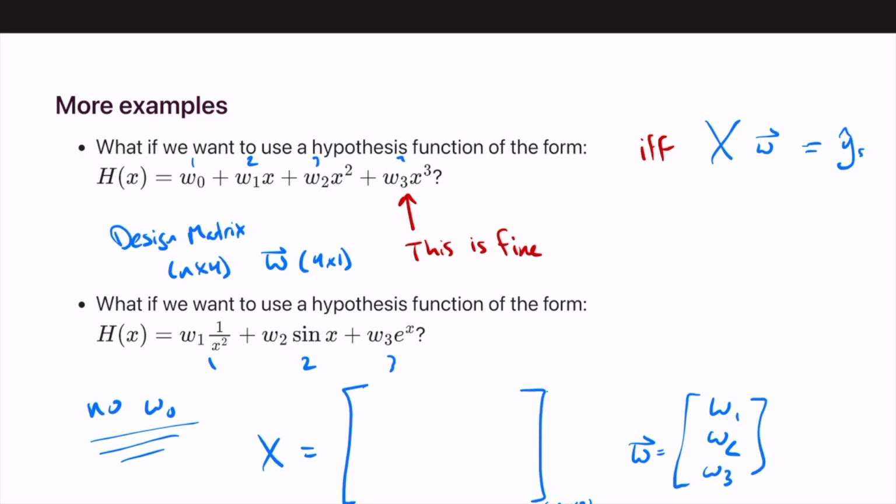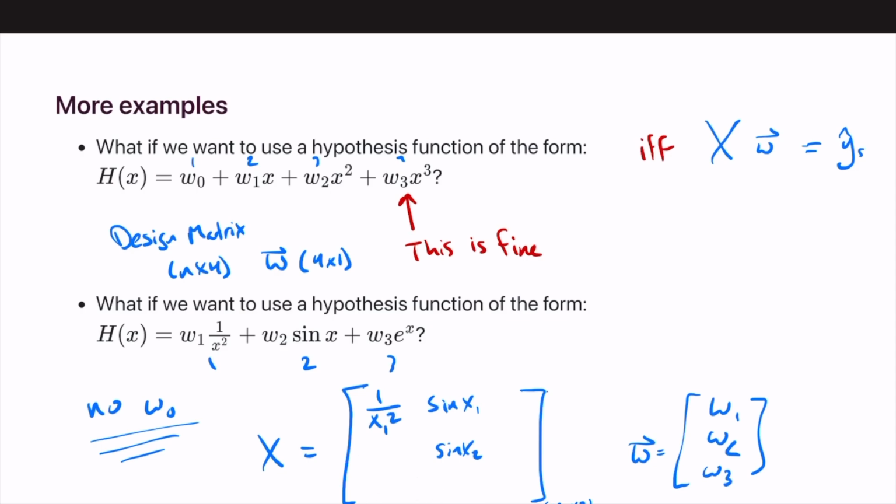The first column would be 1 over x squared: 1 over x1 squared, 1 over x2 squared, 1 over x3 squared, and then the next would be sine x1, sine x2, sine x, whoops, in this case, this would be n.